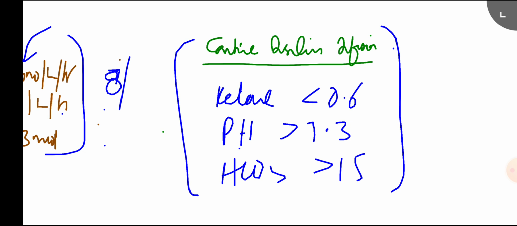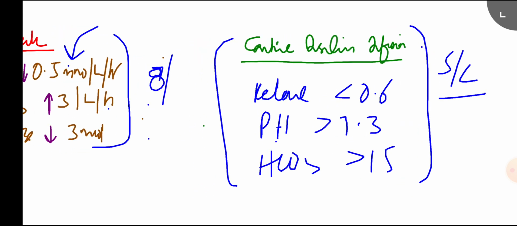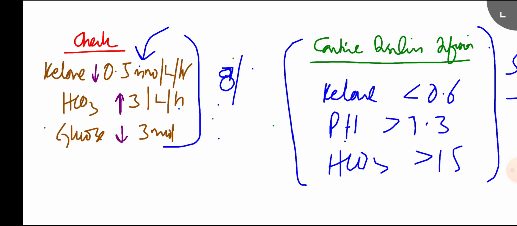But you need to administer subcut insulin 2 hours before stopping the insulin infusion. That's how you check whether you are going in the right direction or not.